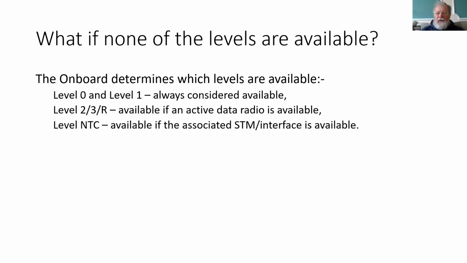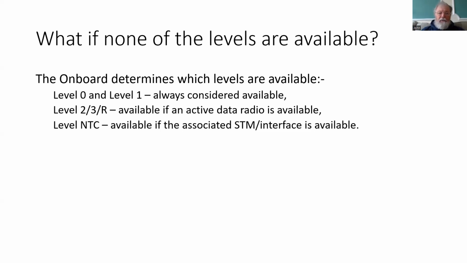Now, you might be asking, what happens if the priority table includes a level that the train doesn't support? Or, more importantly, what if it doesn't support any of the levels in the priority table? Well, let's just consider how the onboard decides which levels are available. Levels 0 and 1 are always considered available, and this is listed in chapter 5 of subset 26.